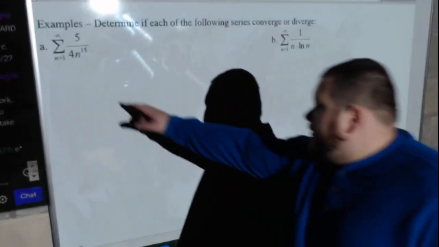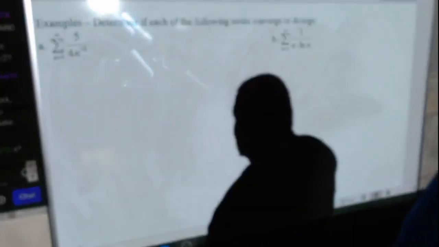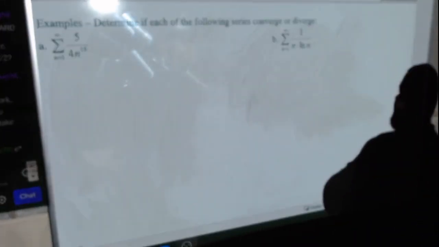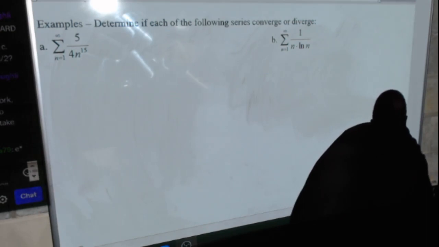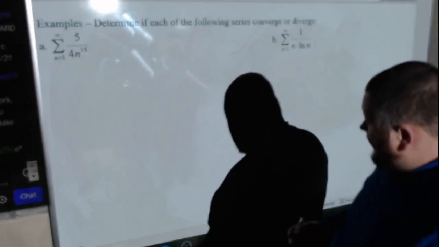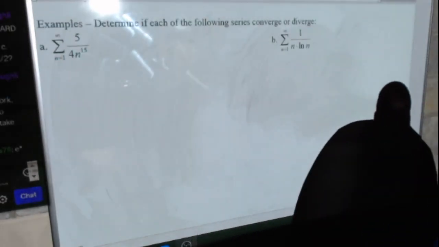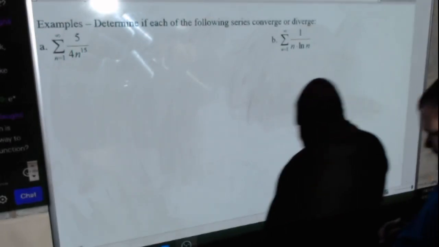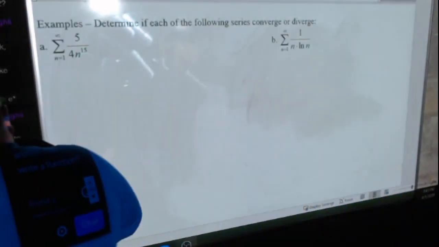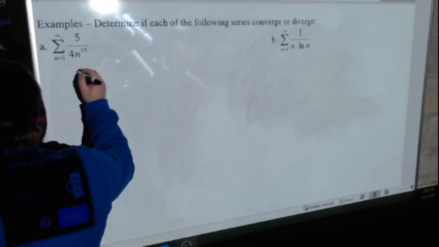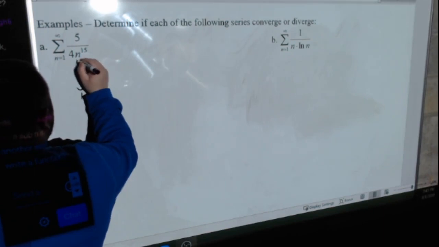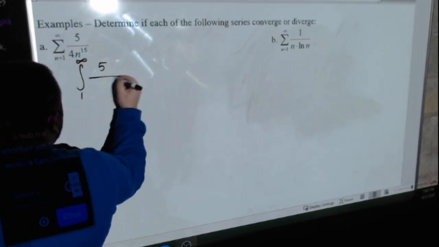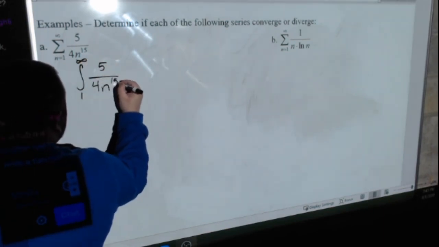Now we've already done this one. This is a P series. We know that it converges. So it'll be nice to use the integral test instead to prove that it works. So the integral test says change the sum into an integral from 1 to infinity, 5 over 4 n to the 15.